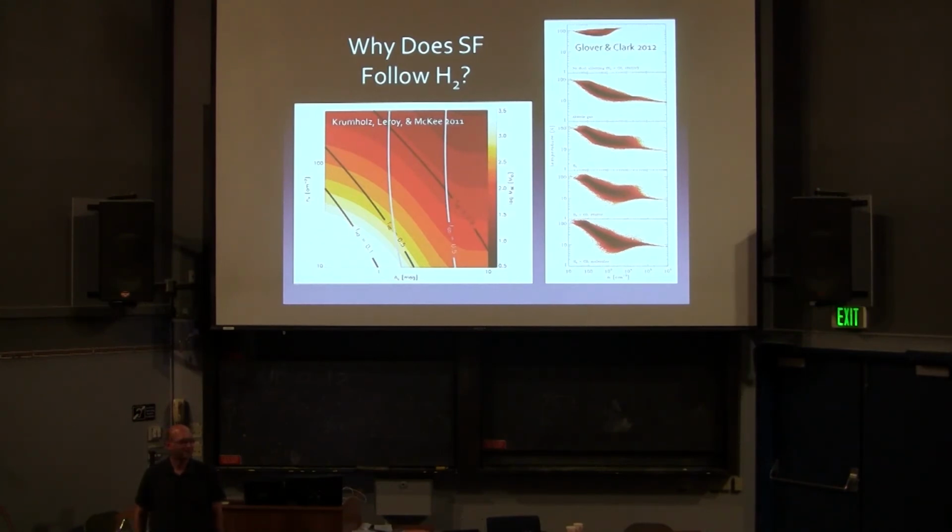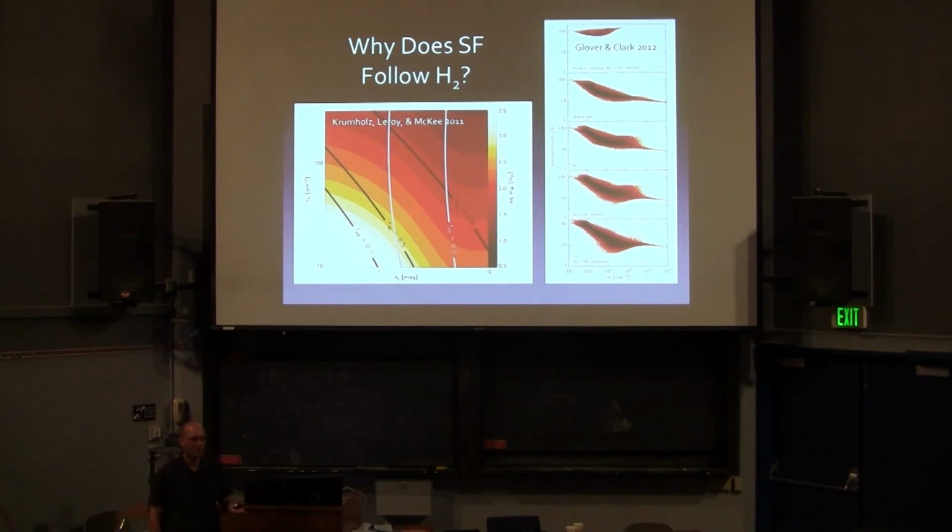So what was your conclusion that star formation follows metallicity? The fact that star formation is affected by metallicity is an observable fact. That's not my conclusion. That's what you see in the sky. But physically, why is that?